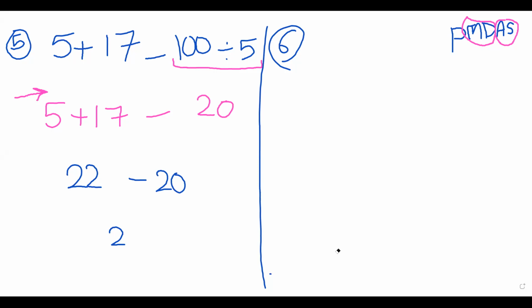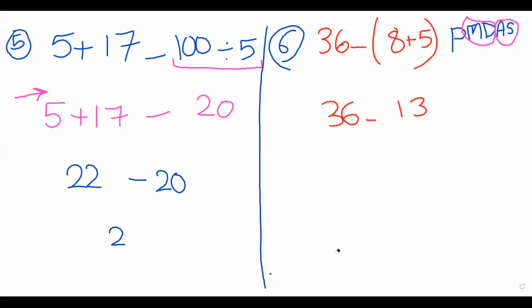Number 6: 36 minus 8 plus 5. Yes, Jilan, what do you have to do first? 13. Bravo, thank you.